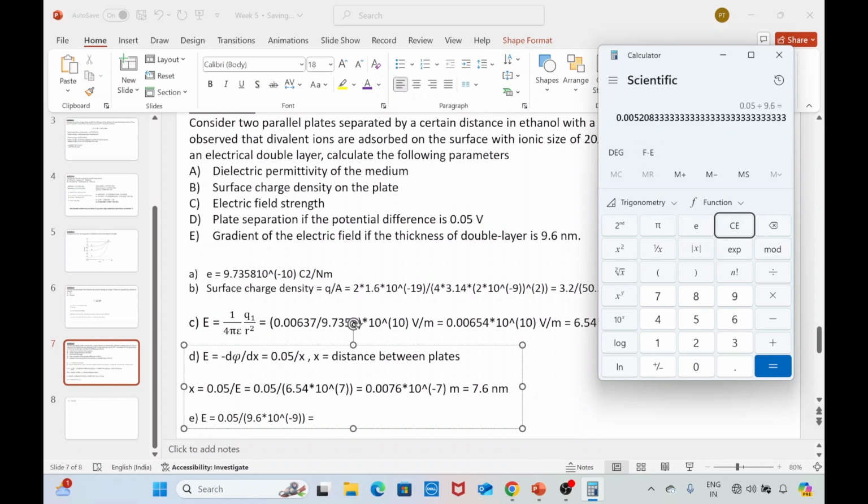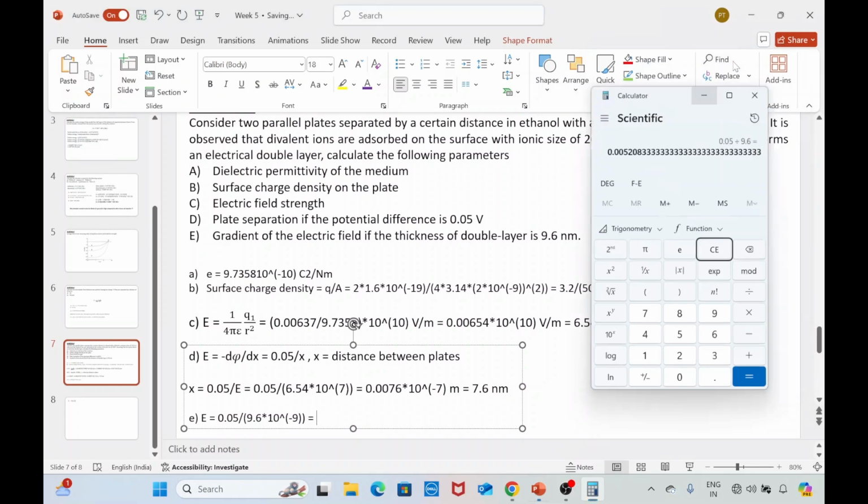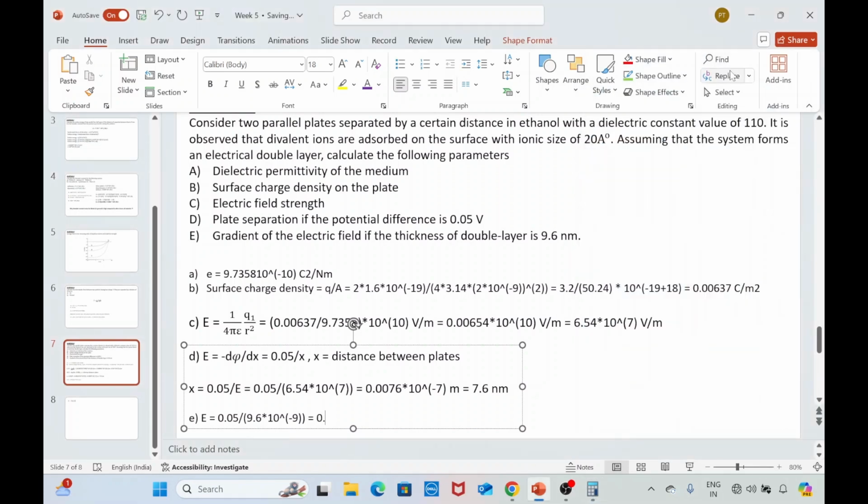So that is 0.0052. These many volt per meter, or you can write it as 5.2 multiplied by 10 to the power.